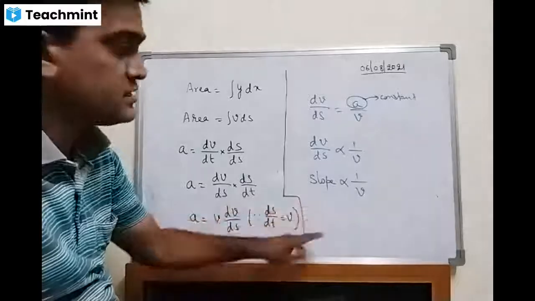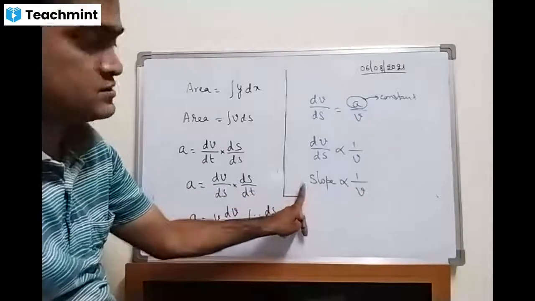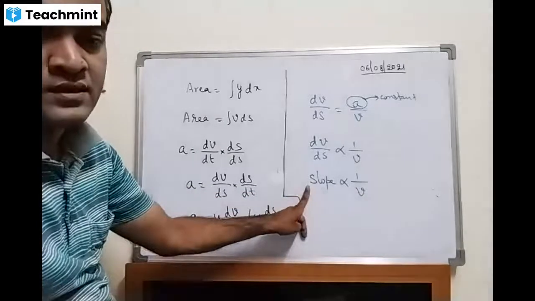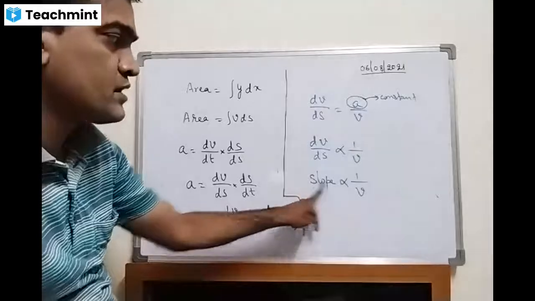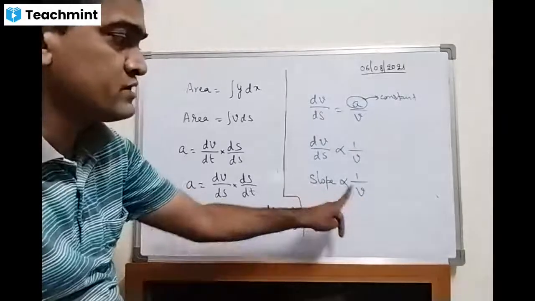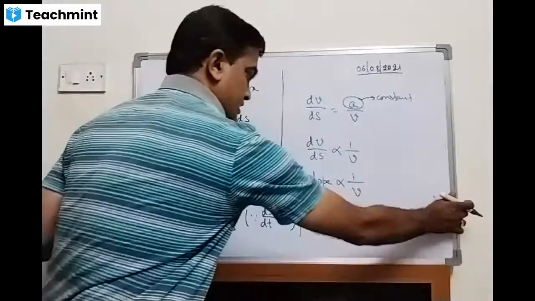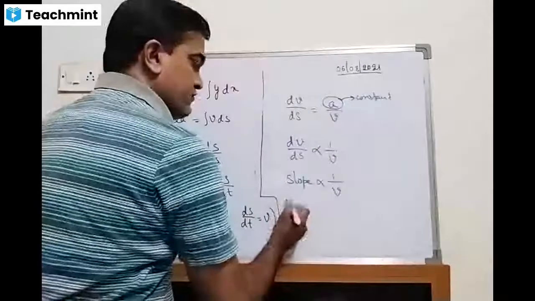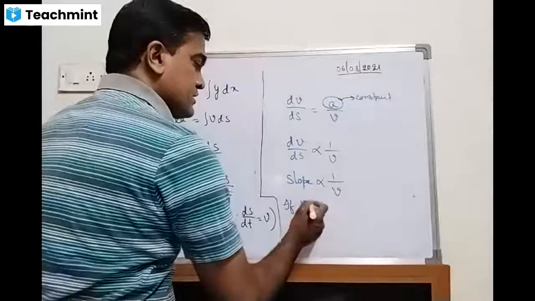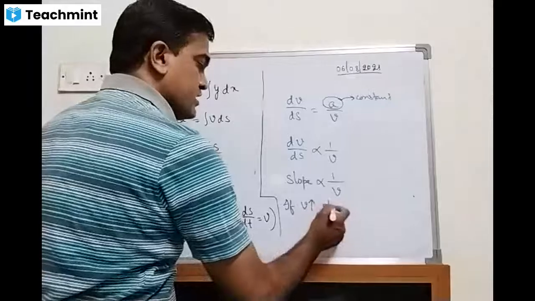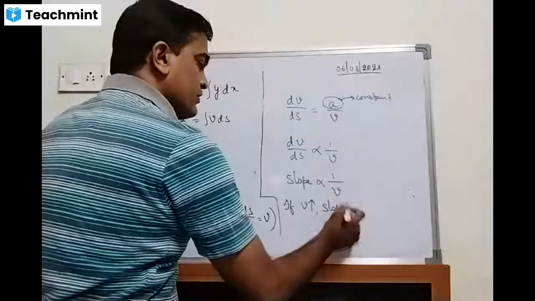If v decreases, slope will increase. When these two are inversely proportional, if v increases, then I can say slope will decrease.